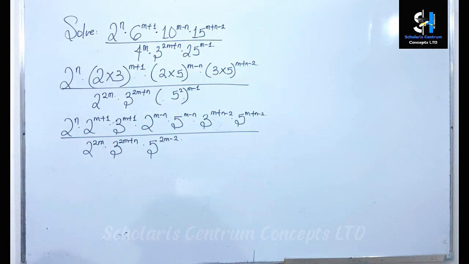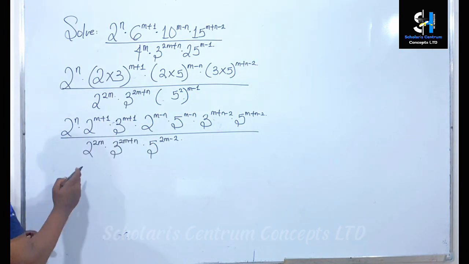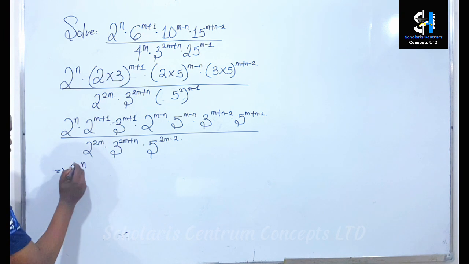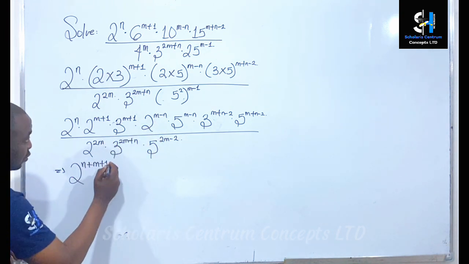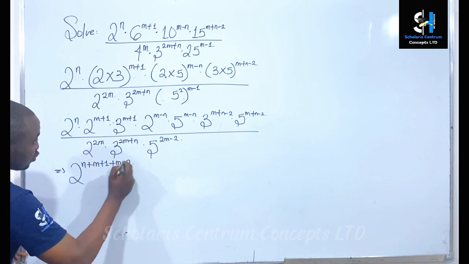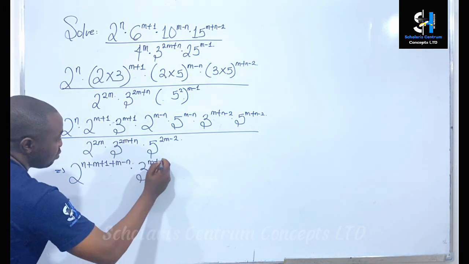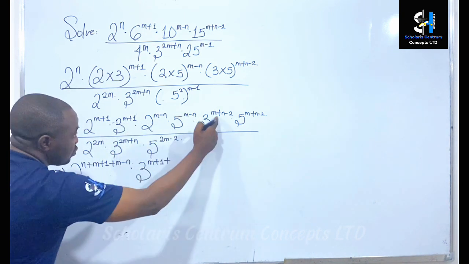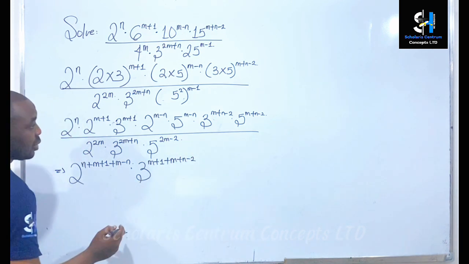All right. So now we can add powers of the same base. So we combine the same base. For the numerator, for 2, we're going to have 2 raised to the power of n+1, plus also n-n, then multiplied by 3 raised to the power of n+1, to which the power of this, n+n-2, will be added.